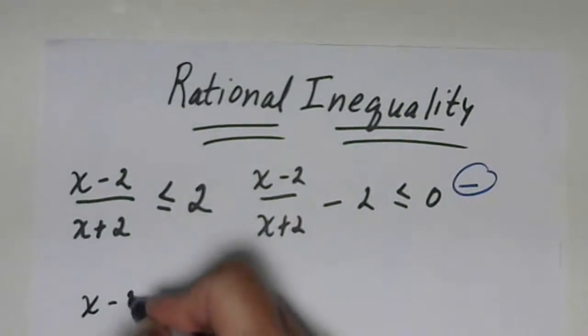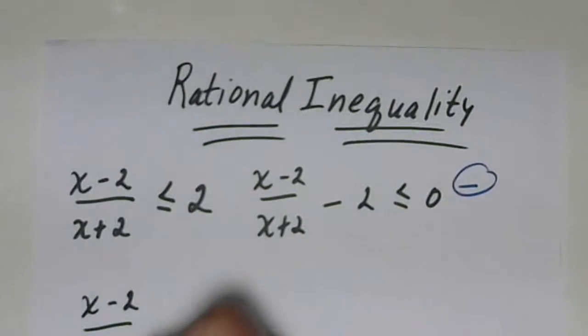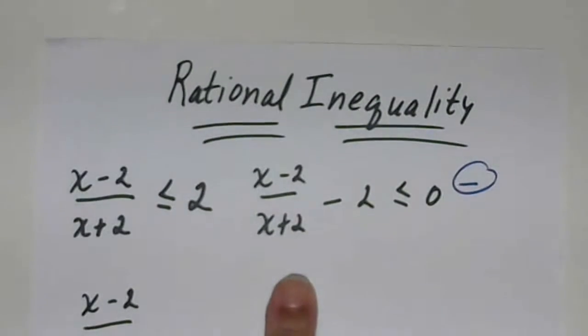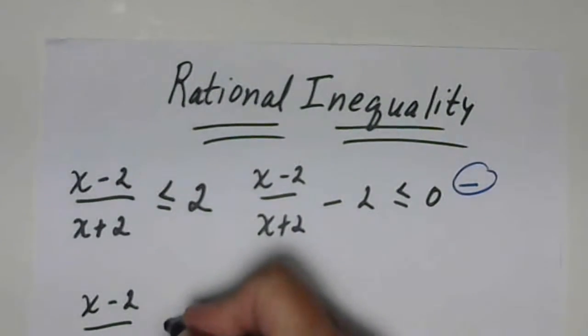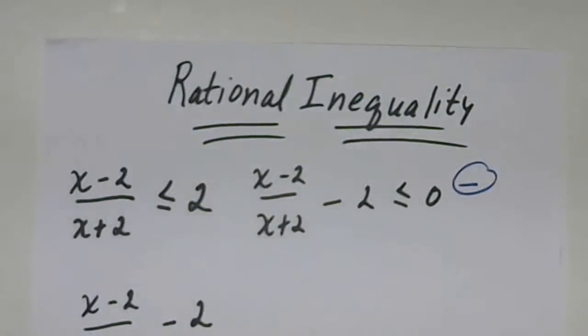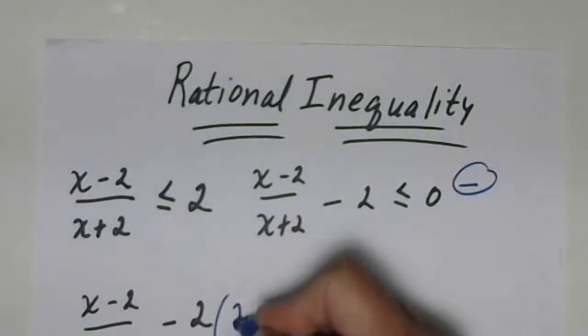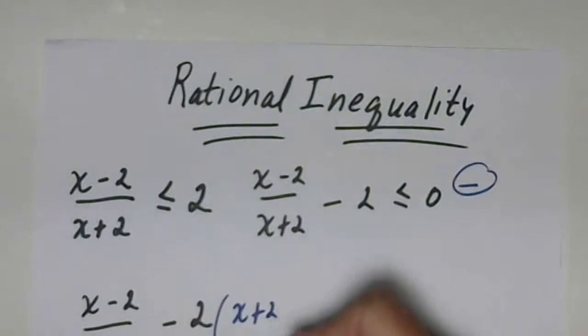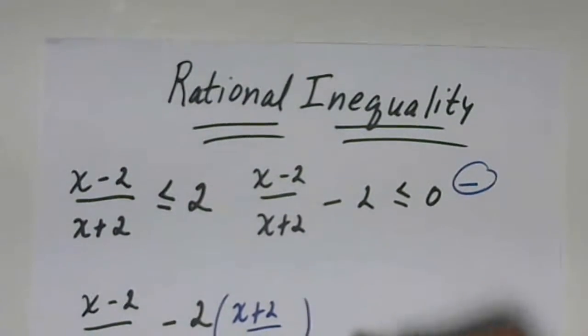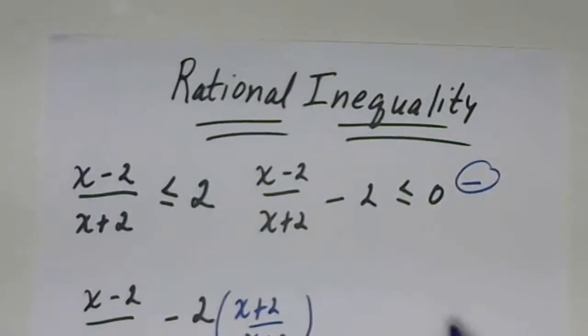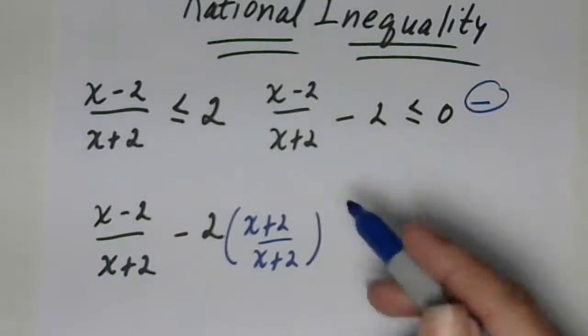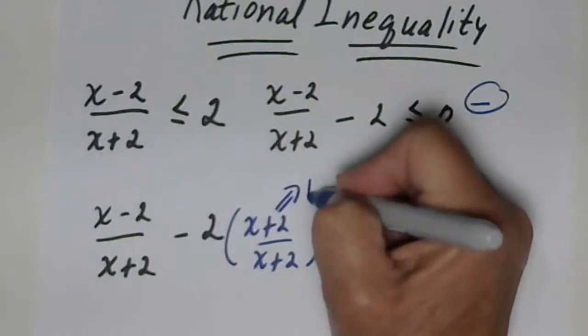Let's take the x minus 2 over x plus 2, the fraction that we were given to start with, and now here is our minus 2. Now, in order to incorporate minus 2 into the fraction that we have, we're going to have to use our common denominator, the only denominator we have right now, of x plus 2 over x plus 2, which is, as we know, 1.